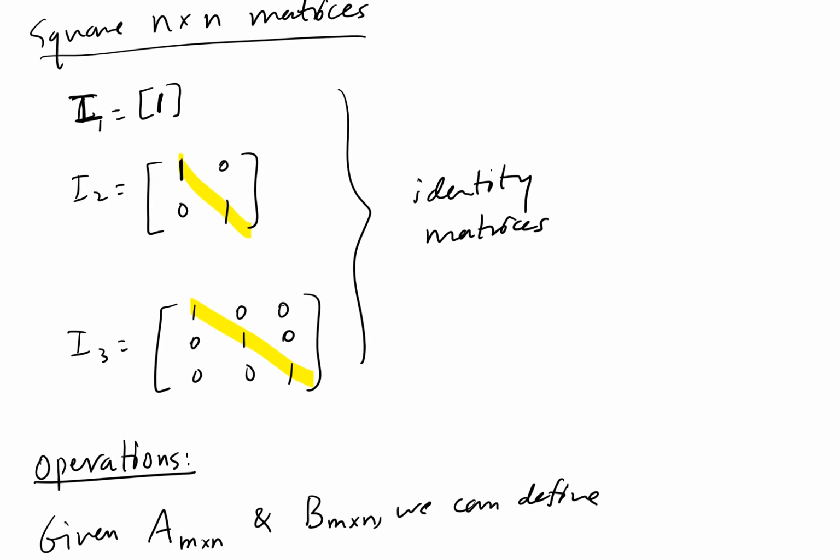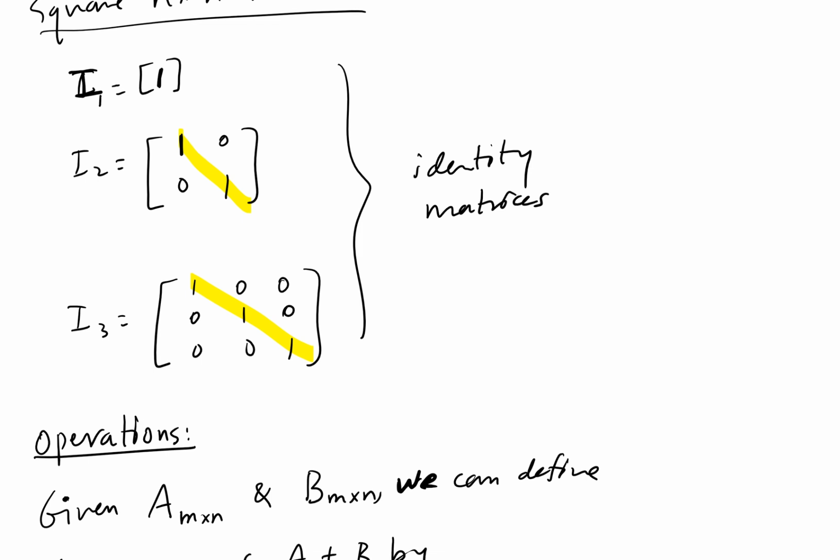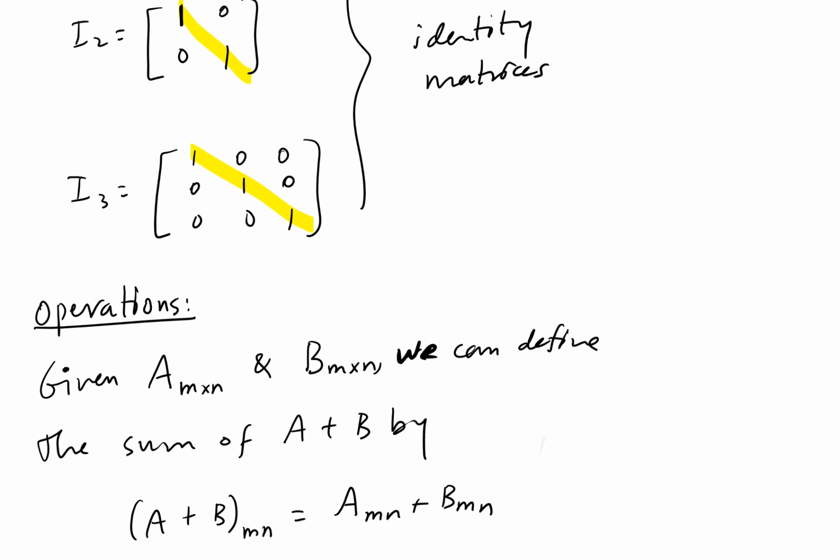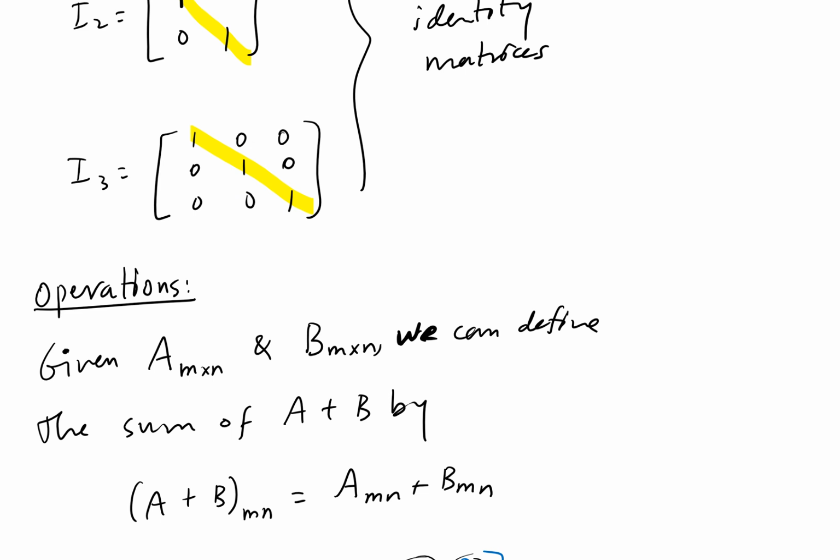How do we perform operations with matrices? Performing operations means how do we add, subtract, and multiply matrices. So let's say we're given two matrices, one m by n and the other one m by n. We can define the sum of these two matrices by simply adding their entries.